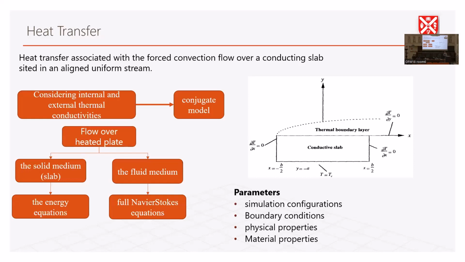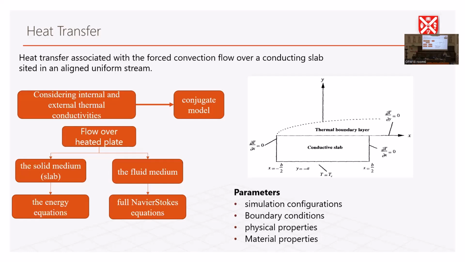To implement this, we have an existing conjugate heat transfer problem, a forced convection simulation over a conductor, and we consider internal and external conductivities in the configured model, for the solid part and the fluid part.